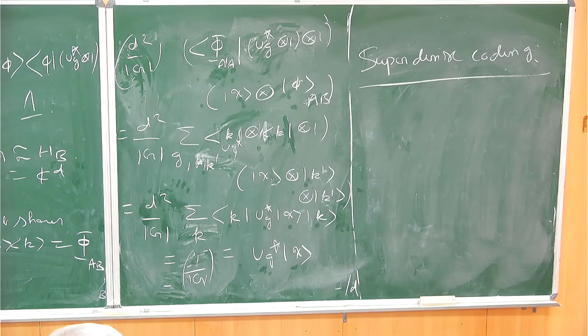She did some measurement, and she got some classical value. She sent it by classical communication, and then Bob applies something.